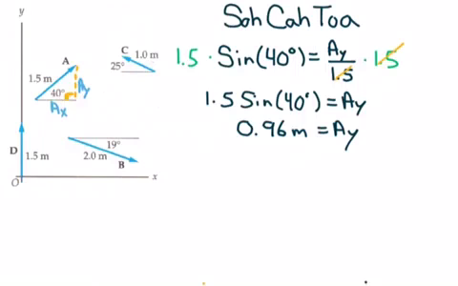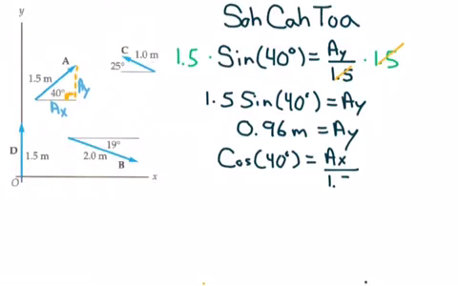Alright, to solve for the x component, I do the same thing, except this time I'm going to use a different trig function, cosine. Again, if you're not sure which trig function to use, just go to the next one and see if you can solve for anything. So I've got cosine of the same angle, 40 degrees, is equal to the adjacent, AX, divided by the hypotenuse, which is still 1.5.